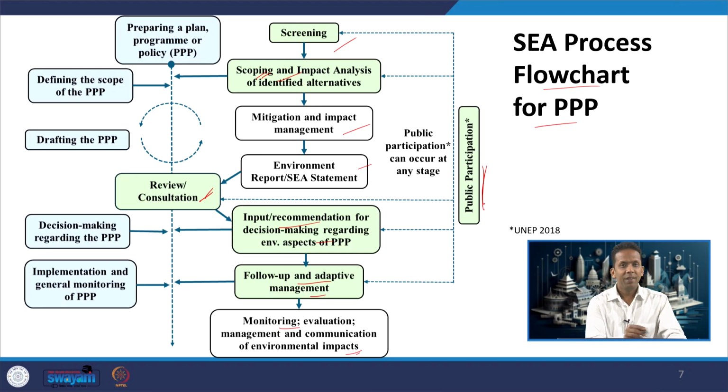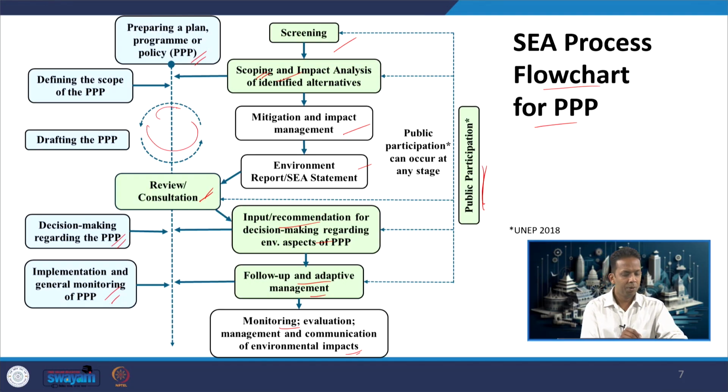And if you look at the right hand side, before the screening there is preparing a plan, program or policy, and whether that plan, program or policy gets approved or not, all these stages are involved. So, you define the scope of the PPP, you draft the PPP document, there is a decision after review and consultation, and finally implementation and general monitoring of that plan, program or policy.